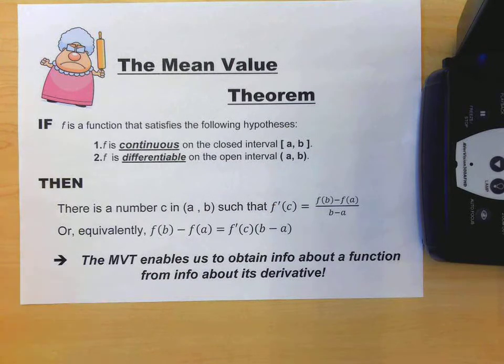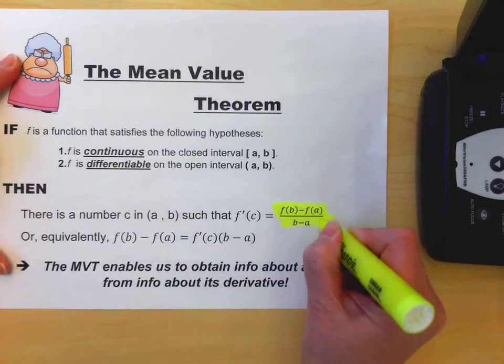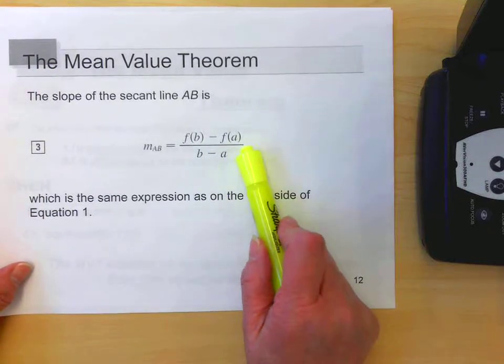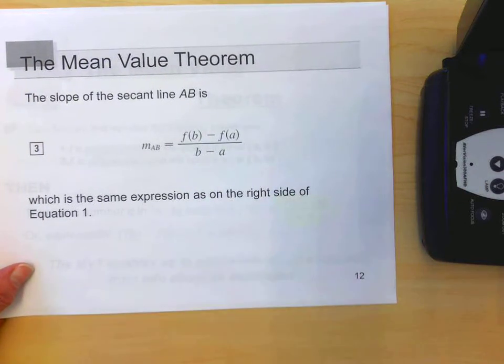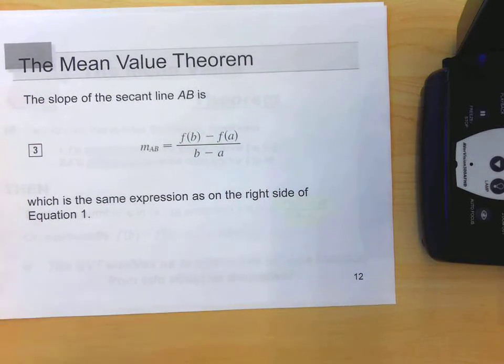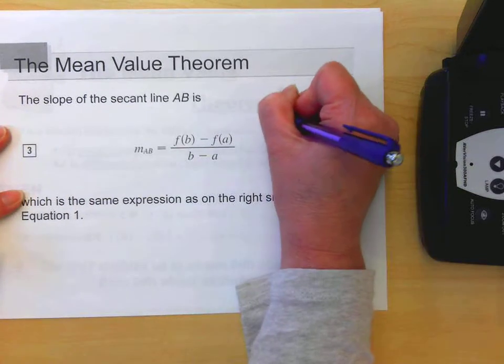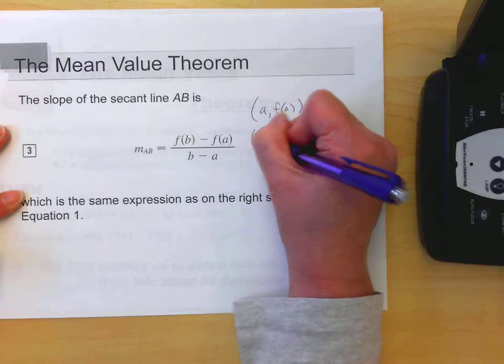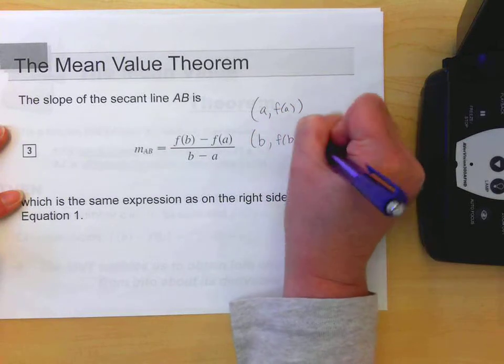Notice that f of b minus f of a over b minus a is what we would describe as the slope of the secant line. This is the slope of the line from (a, f(a)) to (b, f(b)).